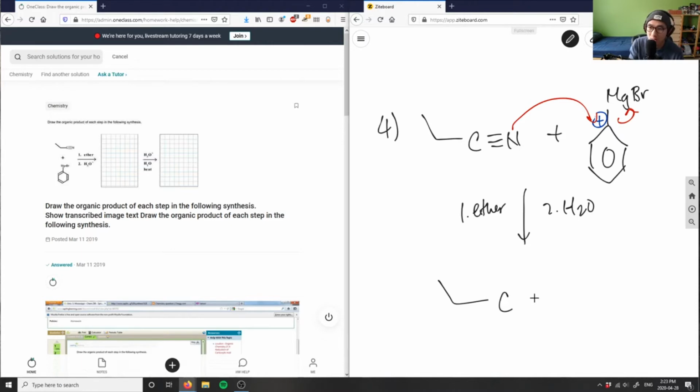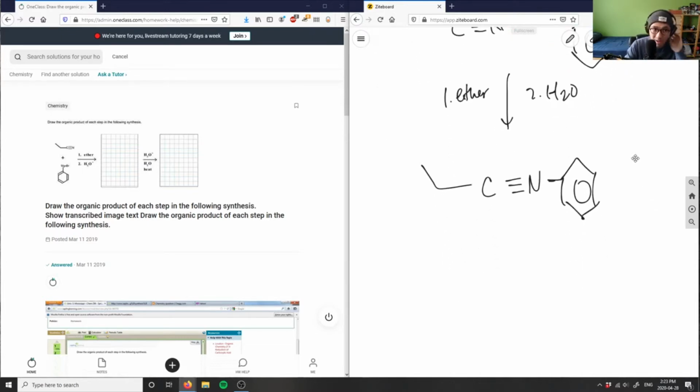So I would get something like this. Get C, and then I would have a triple bond and a bond, and then a benzene group like so. So I get something like this, and then finally over acid and heat here, or is this? Oh, this is with the acid workup.